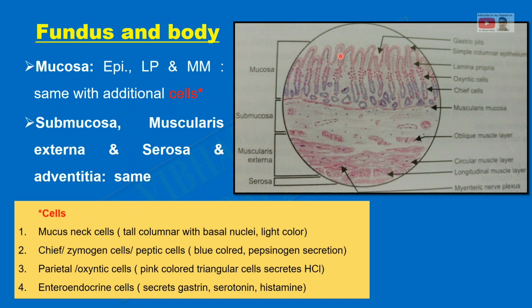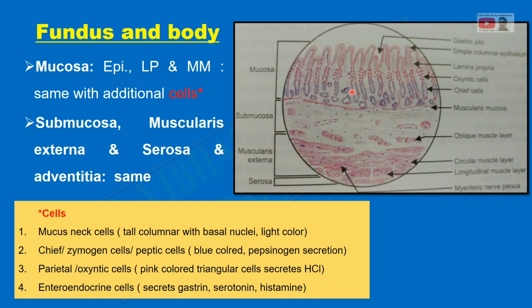As we have discussed, it has a mucosal layer. The lining epithelium is the same as we discussed in the cardiac region, a simple columnar epithelium which rests on the lamina propria. You can see here, this is the lamina propria.